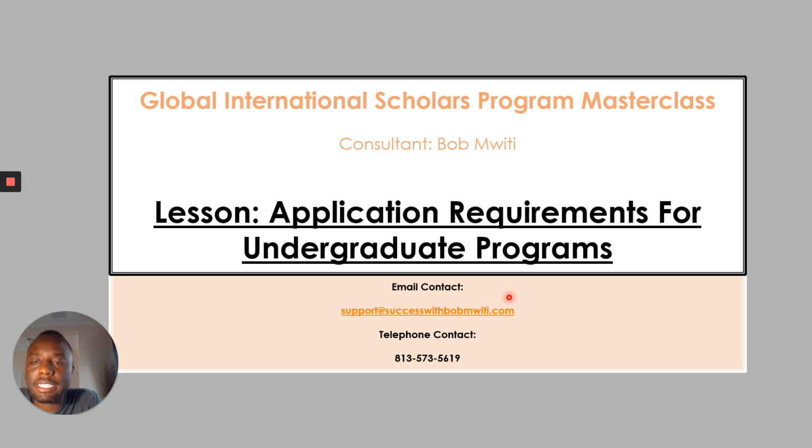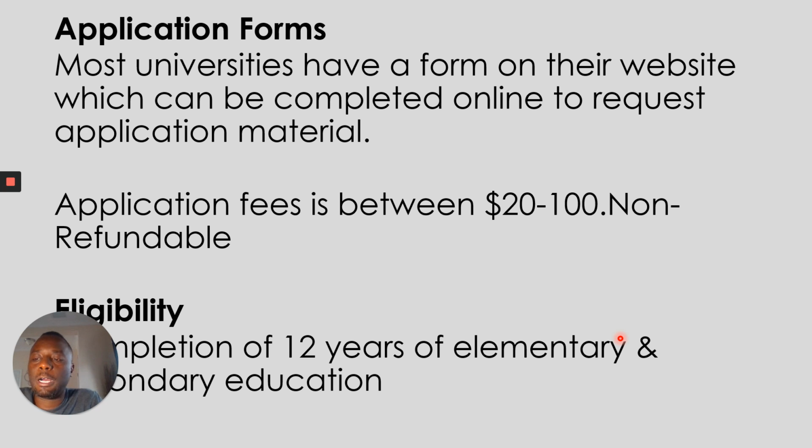And in today's lesson, I'm going to walk you through the application requirements for undergraduate programs. Now, if you're coming to the US as an undergrad, you're going to require a few things as far as the application for undergraduate is concerned.